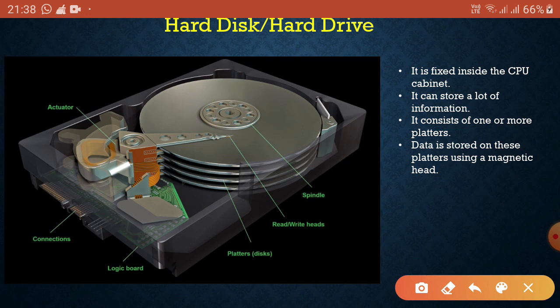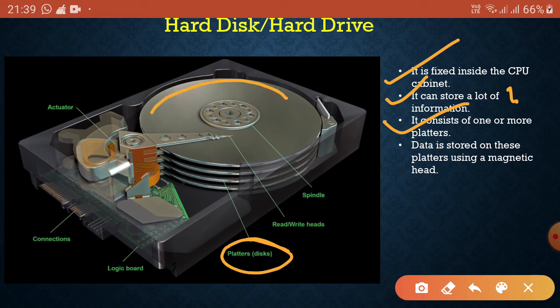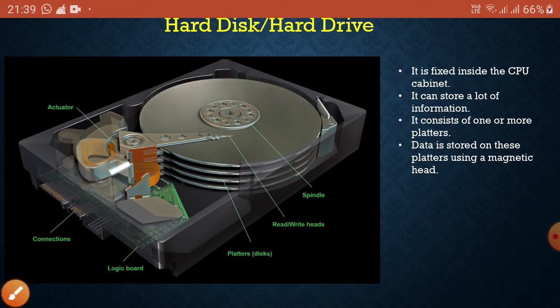It is fixed inside the CPU cabinet, already I have told. It can store a lot of information, greater than DVD, CD. It consists of one or more platters. So what are platters? Platters means disk. So look at that. Here there are so many disks, one by one.